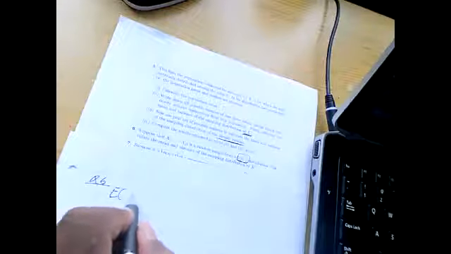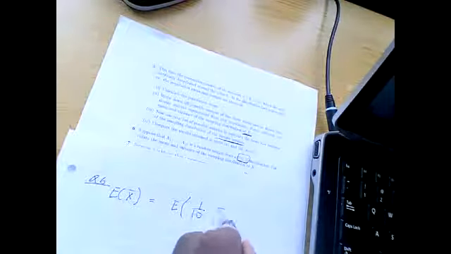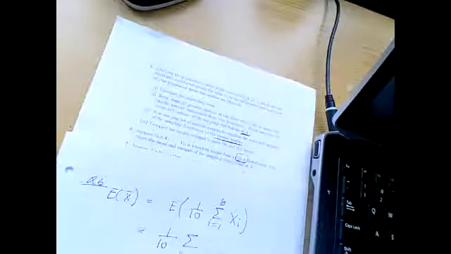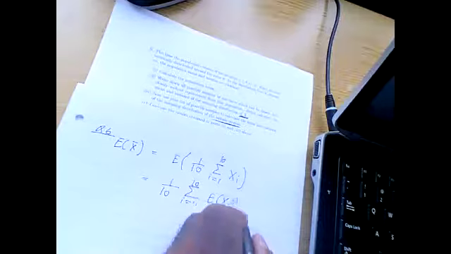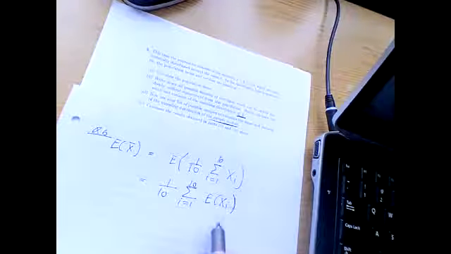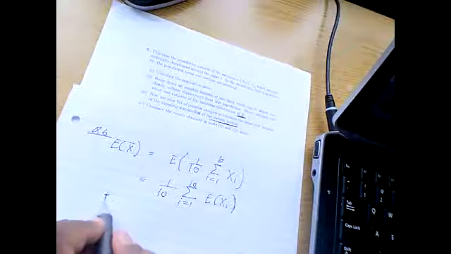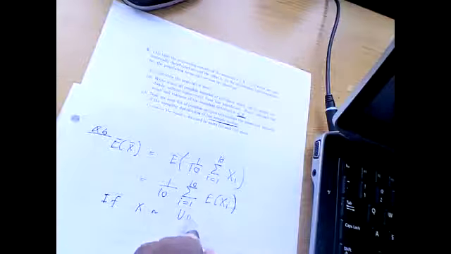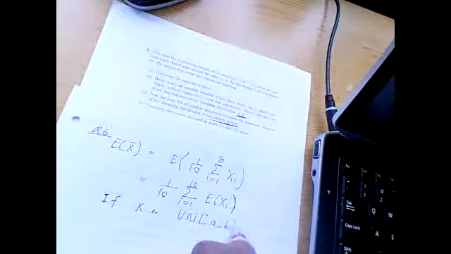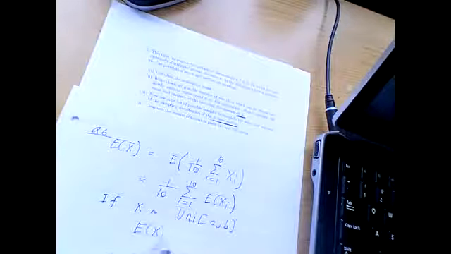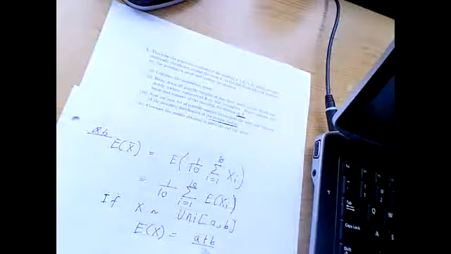Now to find the expectation, you do this and take the expectation inside. I'm sure you remember this from probability 1 last semester: if you have a uniform random variable from A to B, then the expectation of X is A plus B divided by 2.